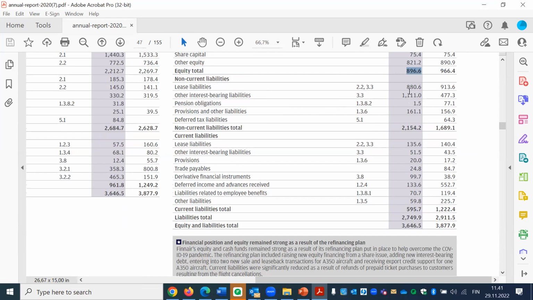So 880, 110, 1.5 provision, no. So if I add 880, 11, 10, okay, 1 is not a big deal, and 199, and how much is the equity? Equity is 886.